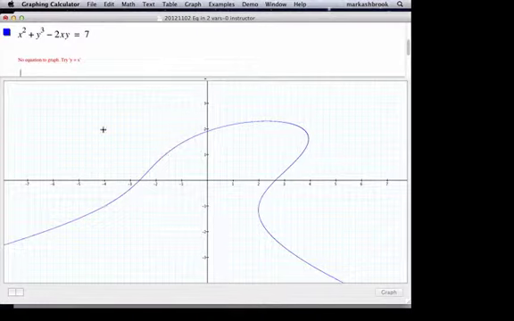Tell me about this point right here. Sharon, can you tell me something about that point? If you plug in the x and y coordinates, you won't get 7.